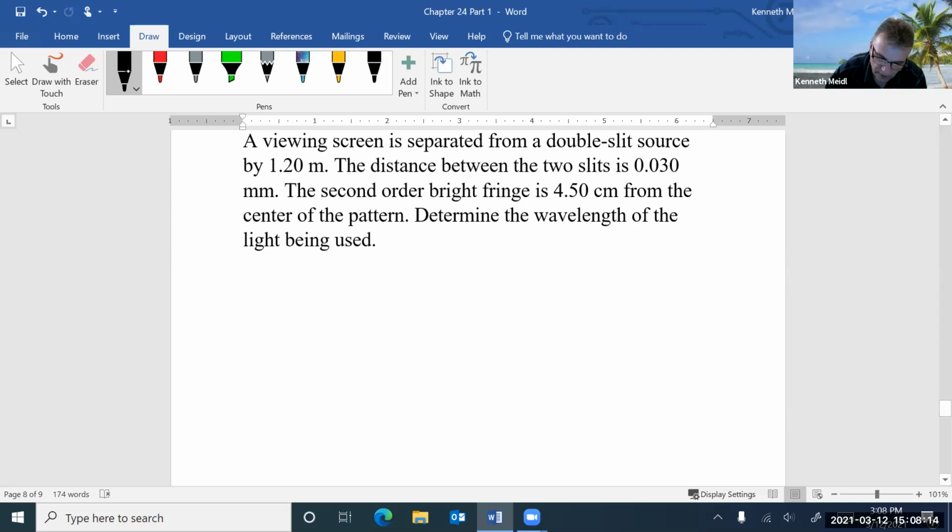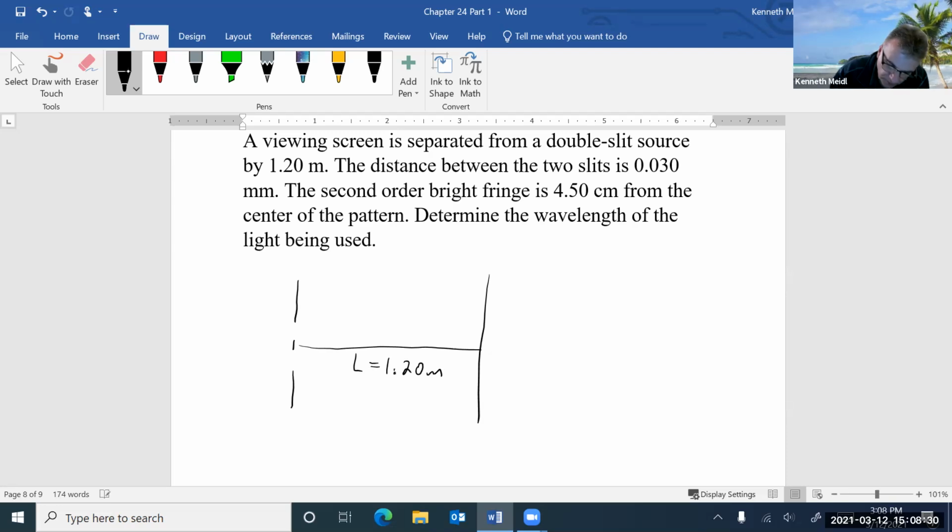So what's happening here is that we've got 2 slits, and then over to the wall, this right here is 1.20 meters. It says the distance between the two slits is 0.030 millimeters.